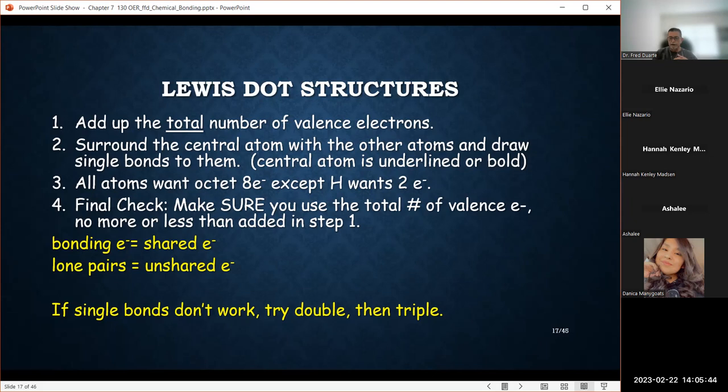And I'll do some examples of that. And if a double bond does not fulfill the octet, you make triple bonds, and that's the most you can do. Now, after you've done all that, you check the octet, and it's still not fulfilled, then more than likely there's an error in determining how many valence electrons you had to begin with. So go back and check to make sure you are using the correct number of valence electrons.